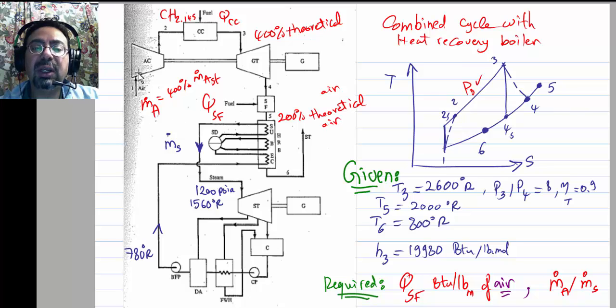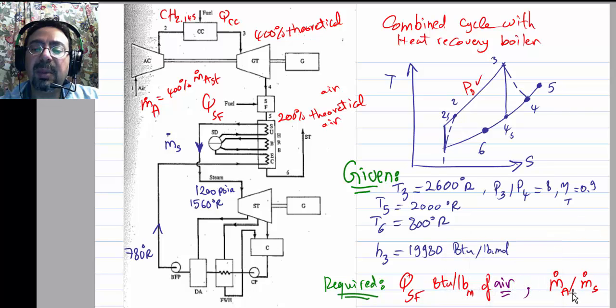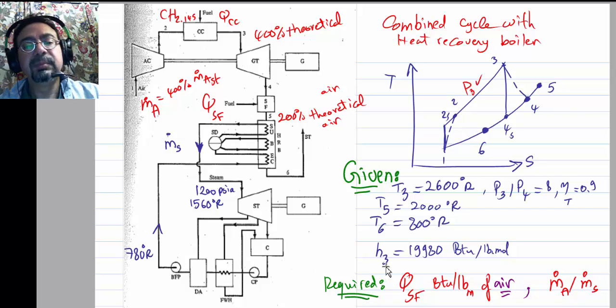So how much air he's sucking through the compressor, you need to figure out how much fuel he needs to send in here. And the second thing he is asking about is the m dot air per m dot steam. So if the m dot air that the gas turbine is sending is 10 kilograms per second, how many kilograms per second of steam are you going to generate in the steam power plant?